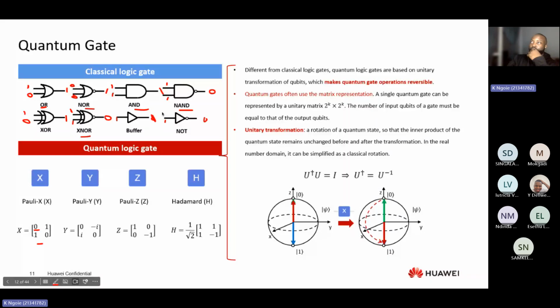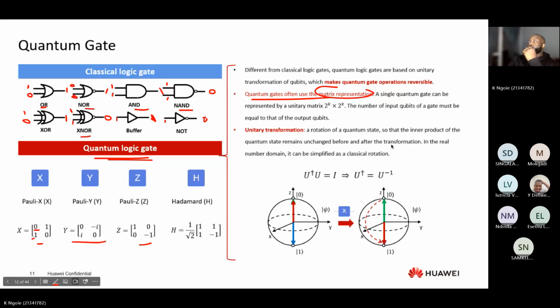If it's a 0, it gives us a 1. But in quantum logic, we have multi-dimension signals. So you need to note that quantum gates will often use matrix representation. True or false, quantum gates use matrix representation? True, these are matrices.